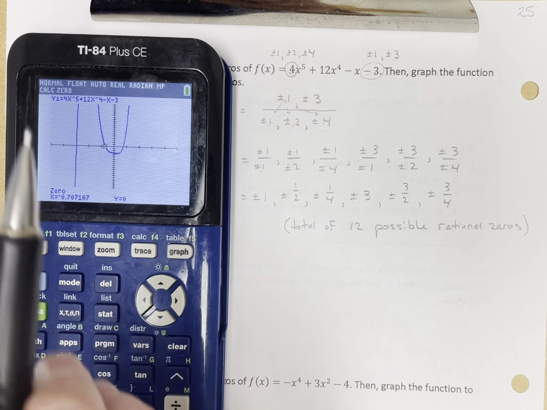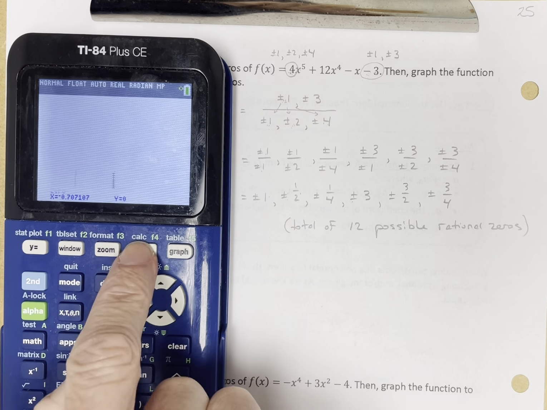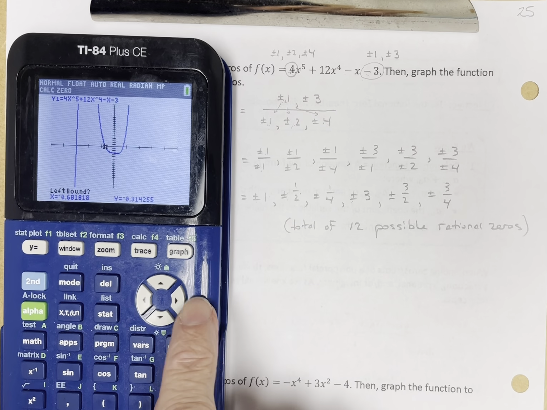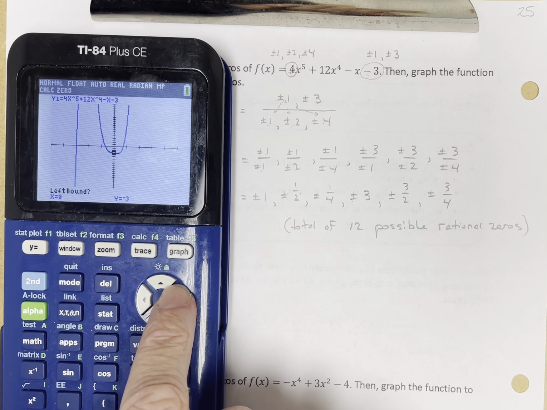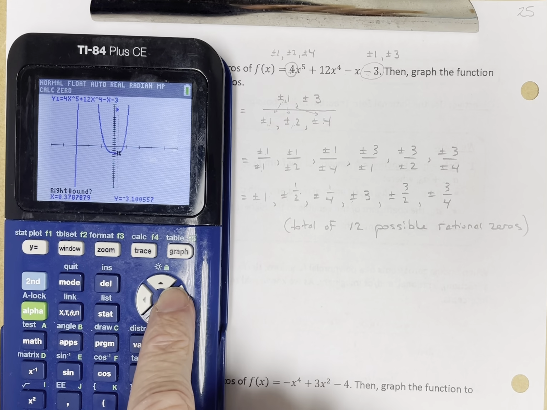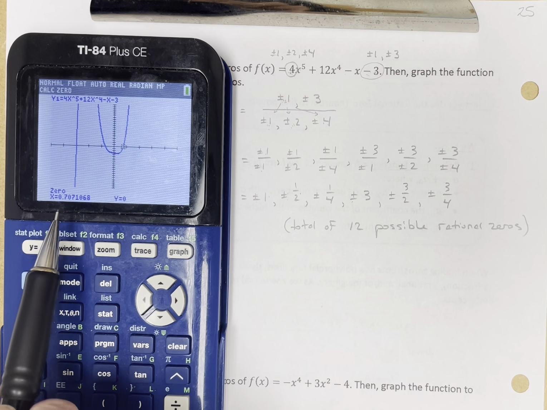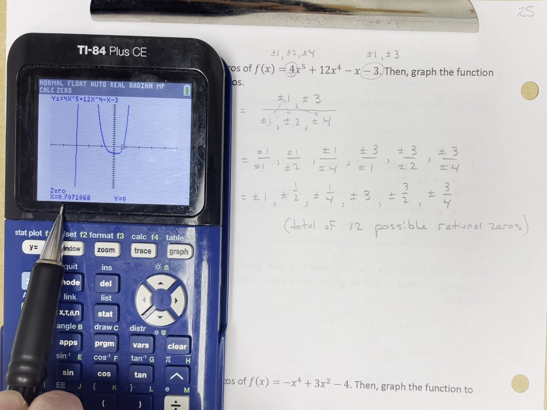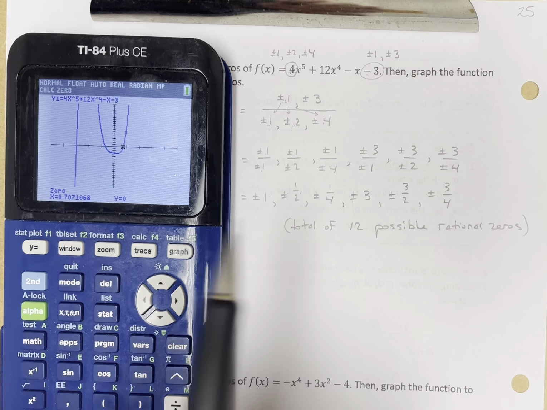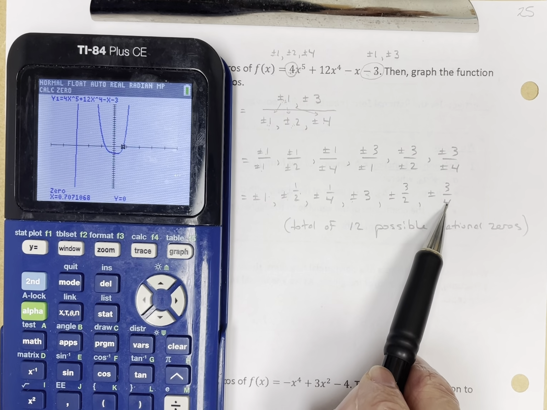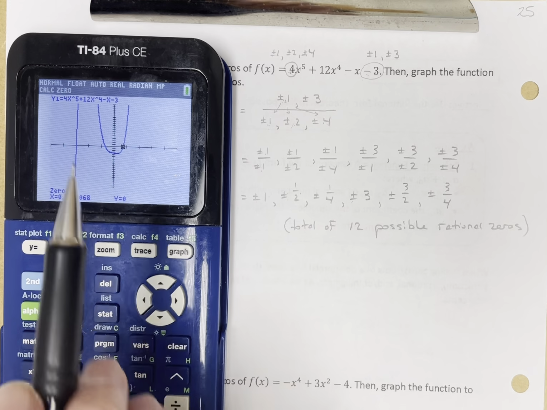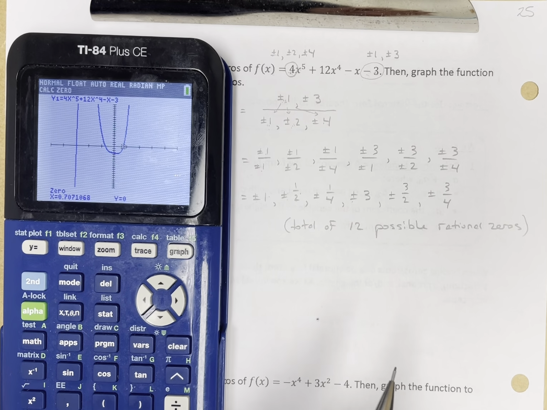And let's check this third one. Second calc, the 0. We're going to bound that one by being on the left side, which is here, and on the right side of that 0 here, and press enter, and I get positive 0.7070, whatever. That is not exactly 3/4. It's not one of these, so that is another irrational 0.